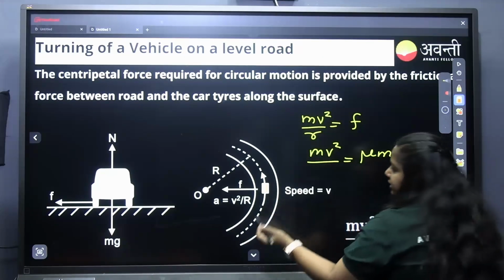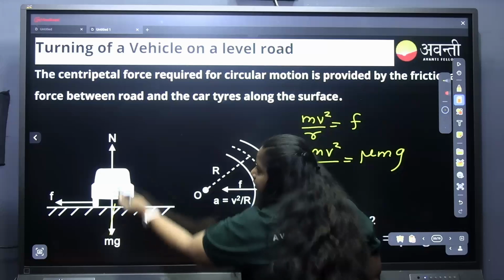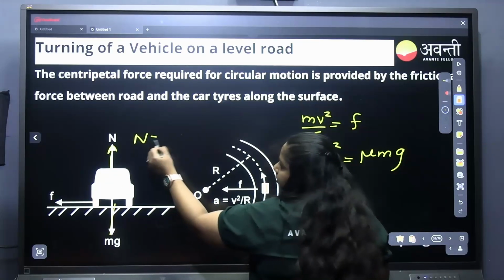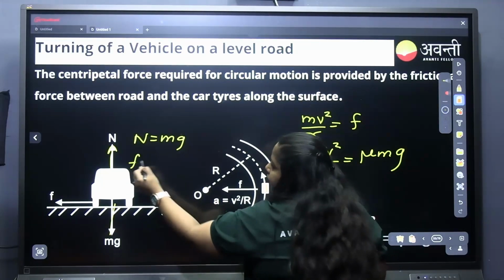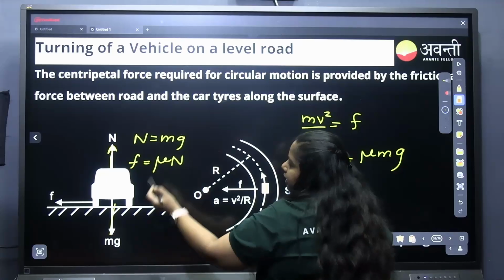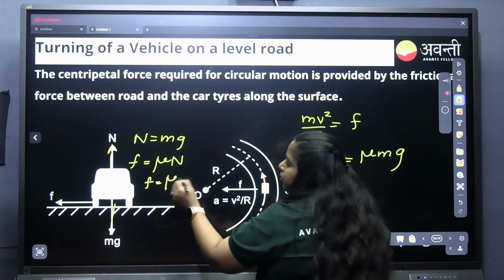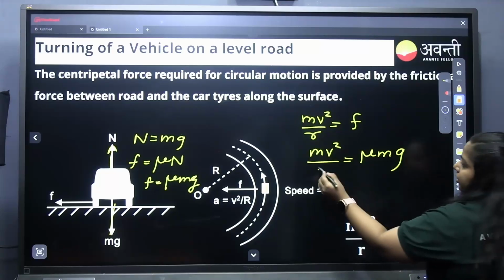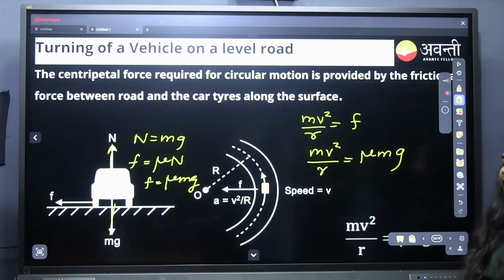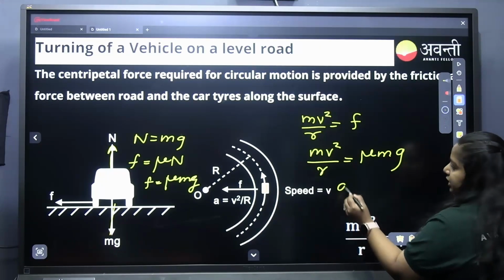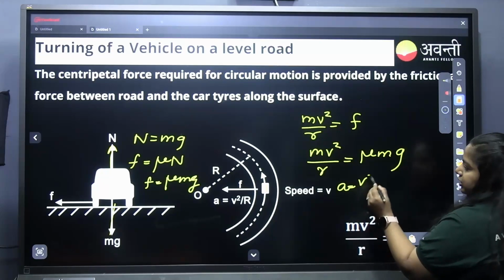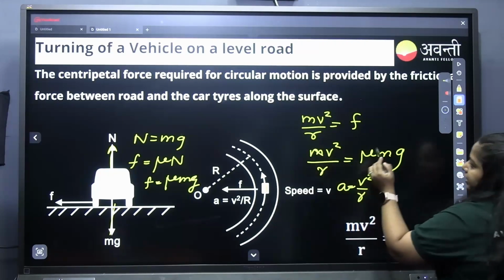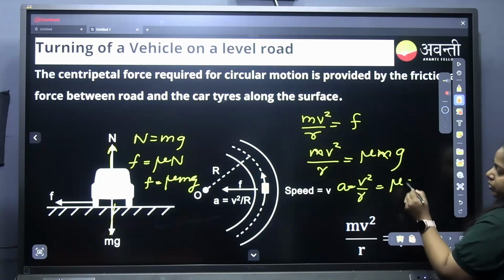Because in this case mg equal to n, and friction equal to mu n, so friction equal to mu mg. Like that we will get. Okay. Any doubt? So acceleration a is equal to v square by r, that is just mu into g.